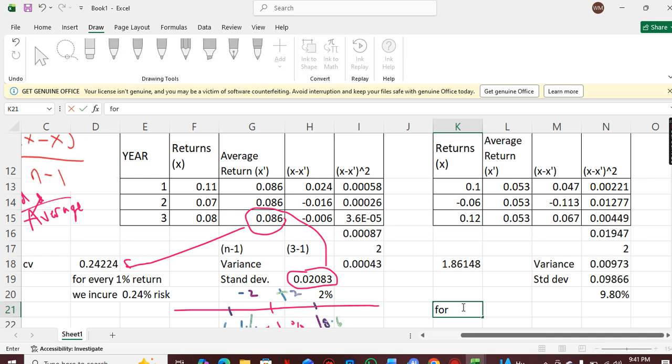So for every 1% return, we incur 1.86% risk. So you're incurring more risk for every return that you get for investment B.